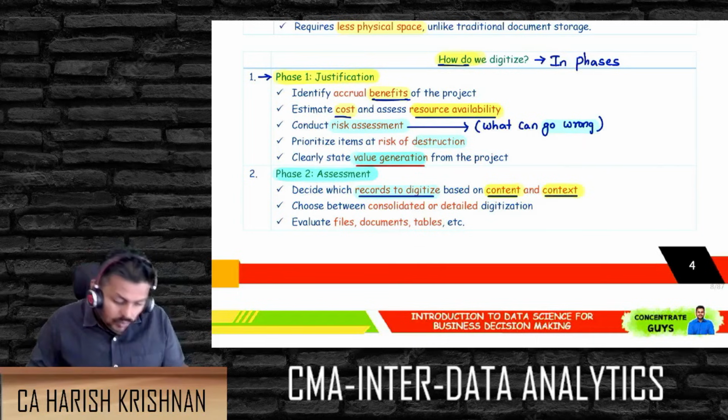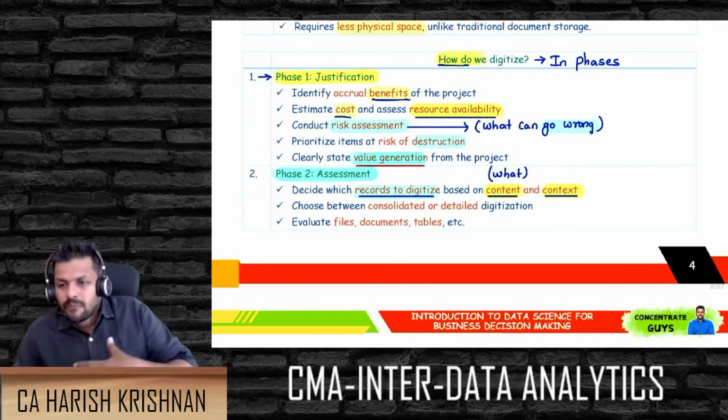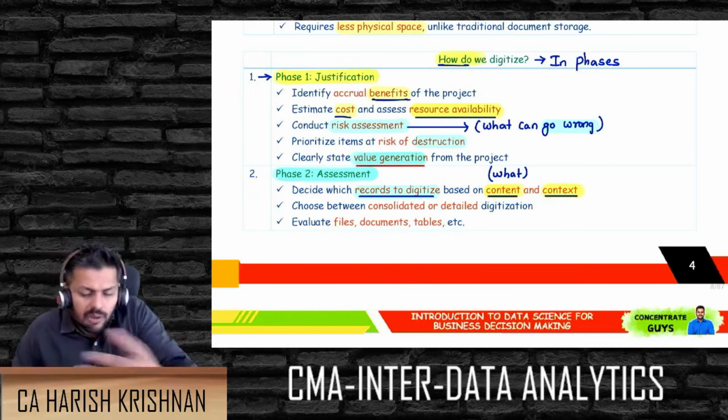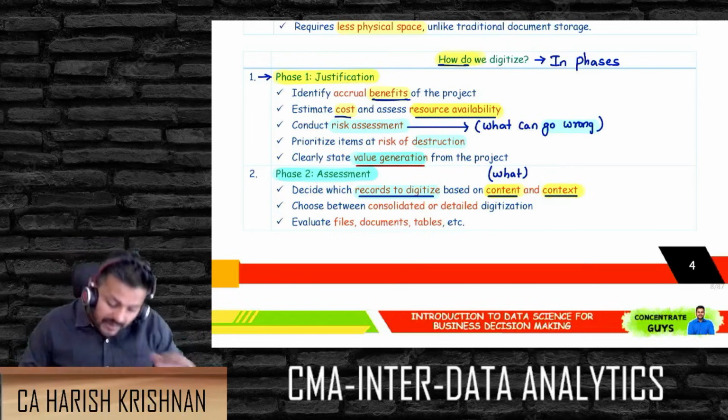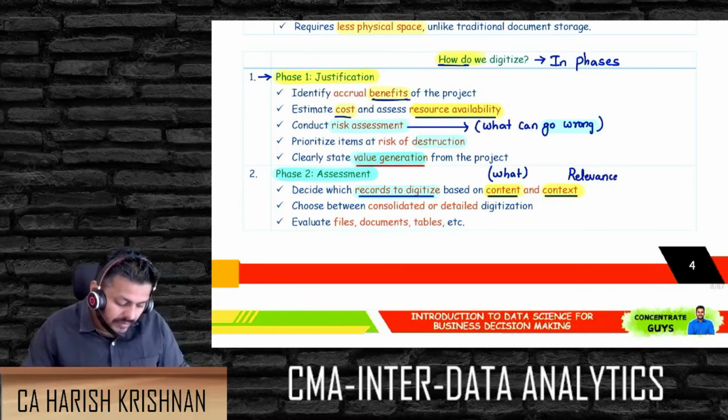Content means what you are going to digitize, and context means, say if I'm talking about something in the class, I'm talking in the context of the class. That means relevance, and relevance is the right word for context here. Decide which records to digitize based on the content and the context.